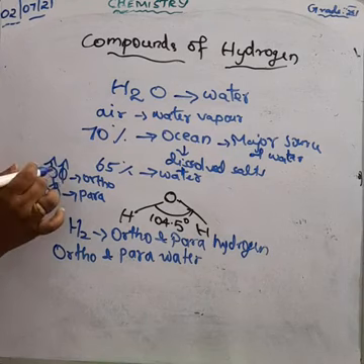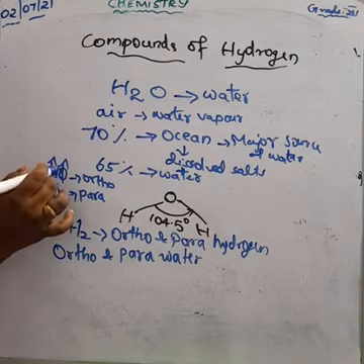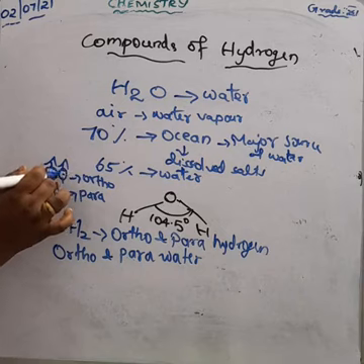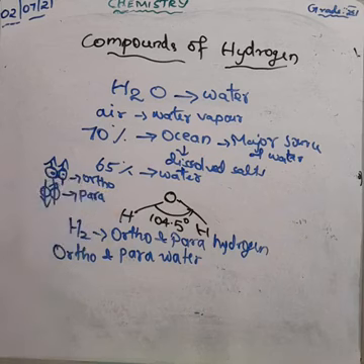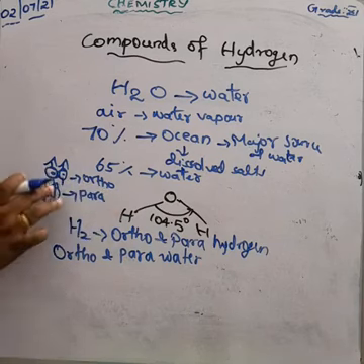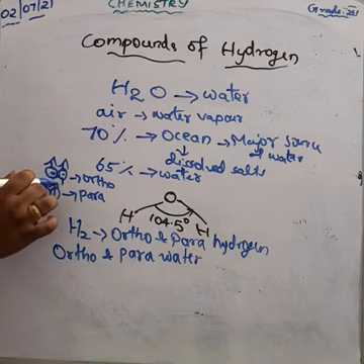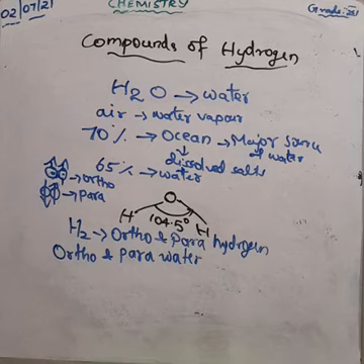In the nucleus the protons spin on their own axis. Spinning in the same direction, clockwise, means orthoform. Spinning in opposite, anti-parallel directions is called para-hydrogen.